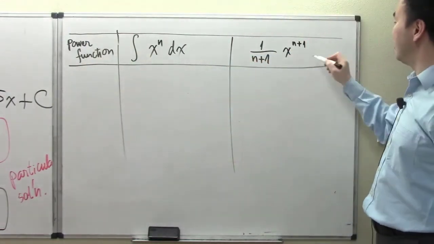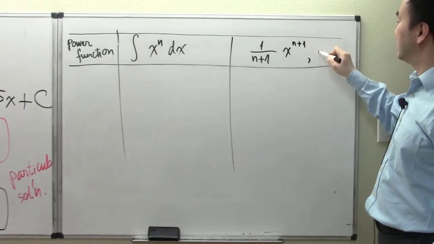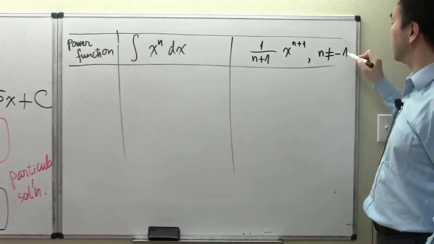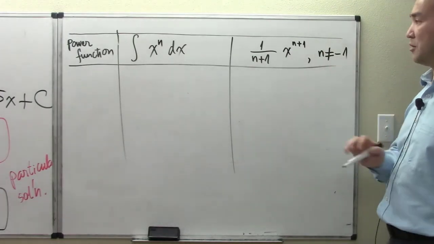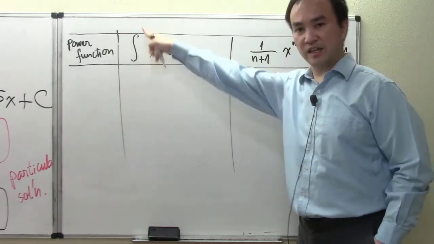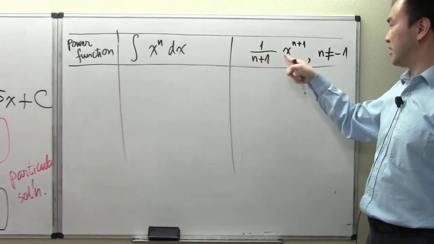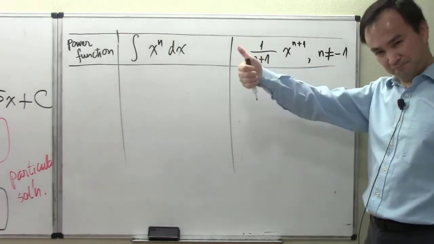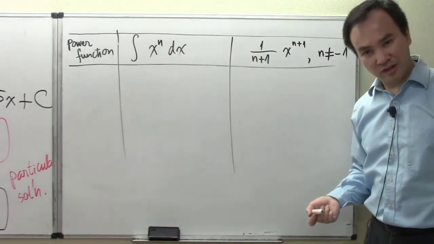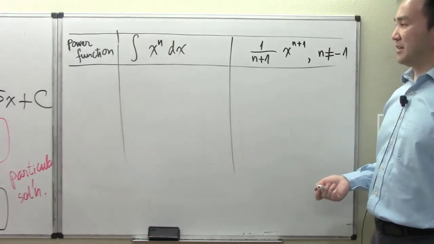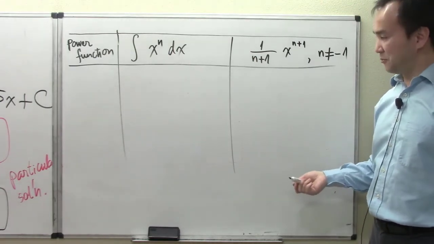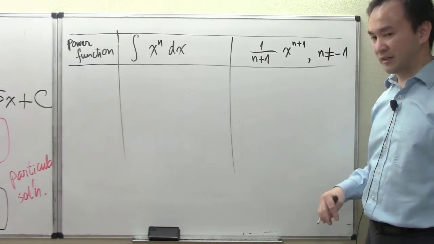It is only valid for n anywhere other than -1. So the original function is x to the n, and taking the antiderivative lands us at 1 over n plus 1 times x to the n plus 1. That's the first rule that I introduced a little while ago, and it should be well familiar to anyone at this time of the lecture.